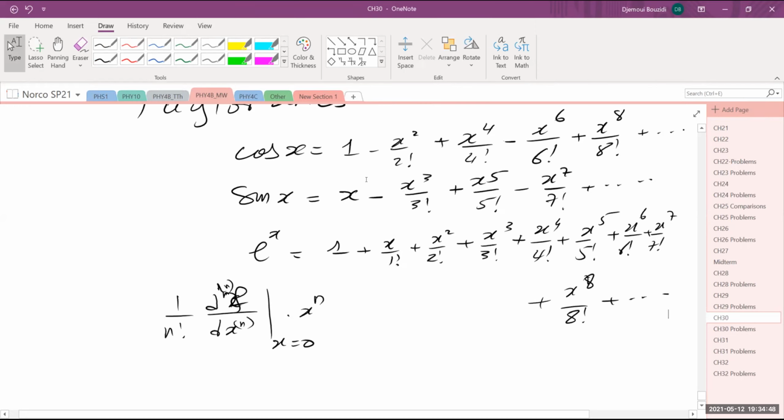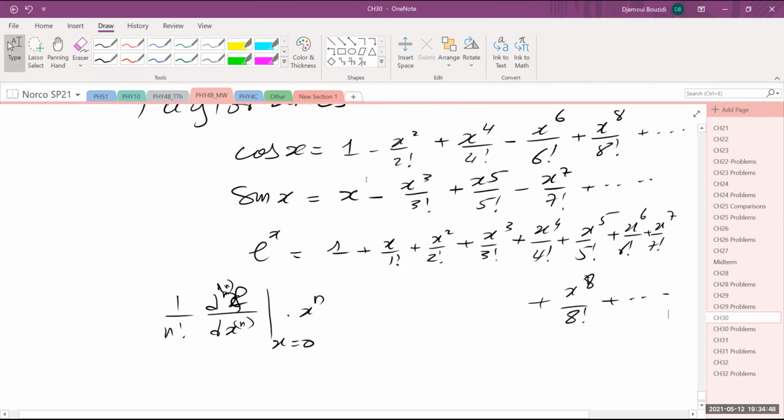The first term is 1 plus i times x over 1 factorial. And I'm going to take advantage of the fact that i squared is -1 and i cubed is equal to -i, and i to the power 1 is i itself, and i to the power 4 is equal to 1, because -1 times -1 is going to be +1.